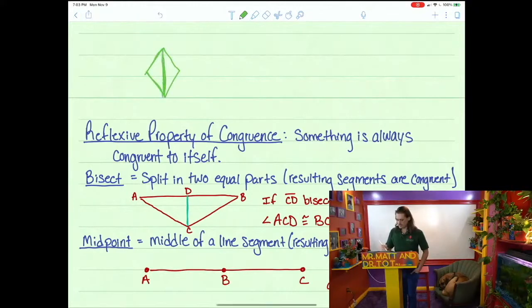Let me call this A, B, C, D. Or if they're sharing an angle measure. And I'll call this, well actually let me use different letters.